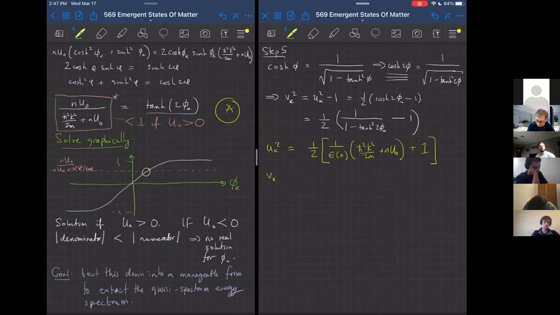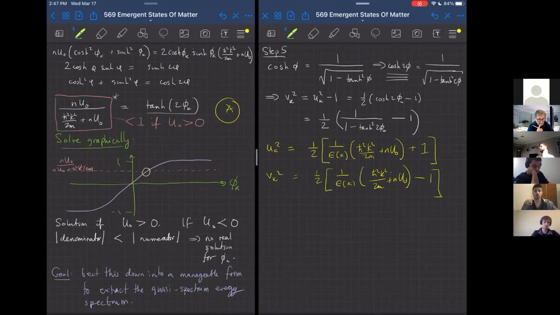Vk squared is 1/2 times 1 over epsilon of k times (h bar squared k squared over 2m plus n u naught) minus 1. So that's the pluses and minuses that we get over there.